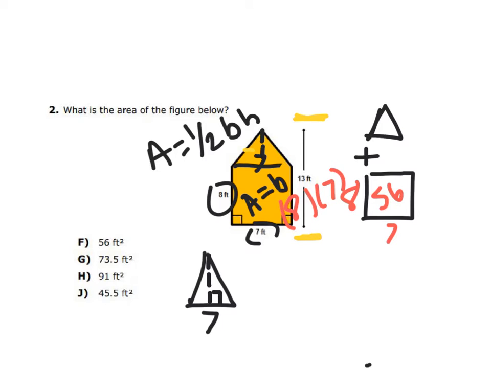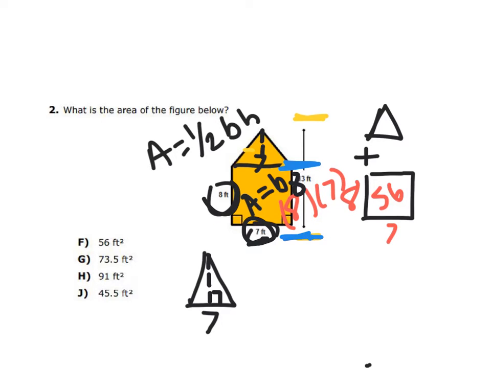What we know about rules of rectangles is that opposite sides are the same. So if we had a bottom of 7, our top is 7. Now my left side is 8, so my right side has to be 8. Well, why is that important? It's important because we now know the distance from here to here is 8.